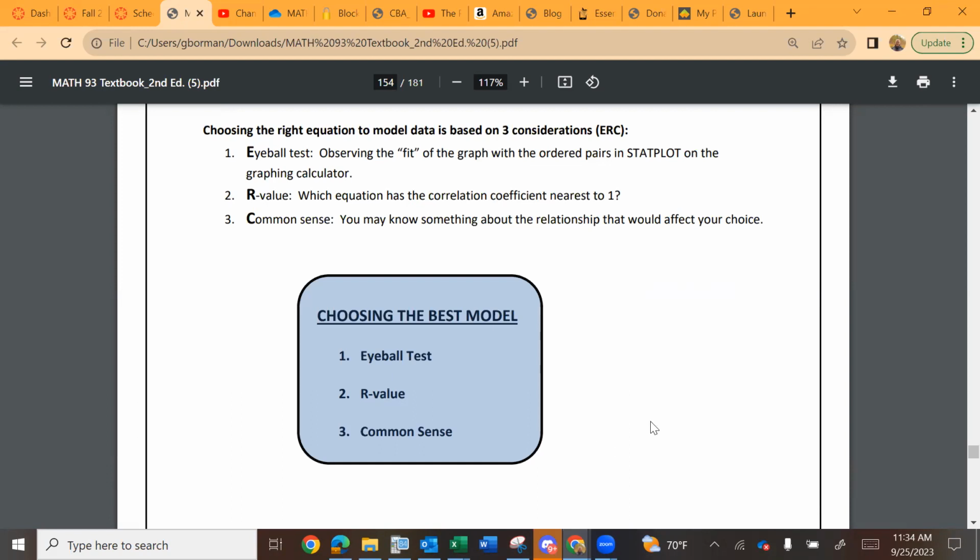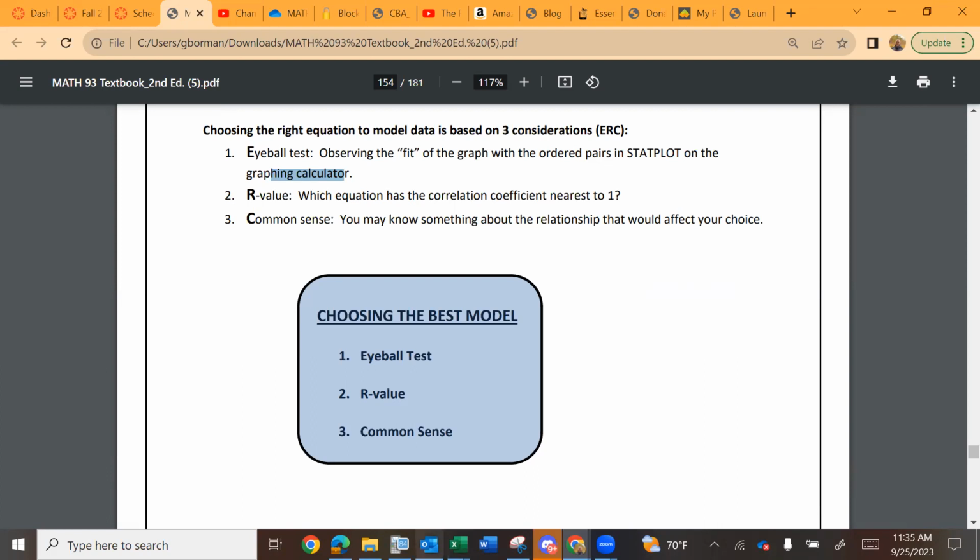But we have to come up with a single answer, because it's class. All right, so first of all, the eyeball test. Observing the fit of the graph with the ordered pairs in your graphing calculator. Does it look like a good fit? All right, that's number one.